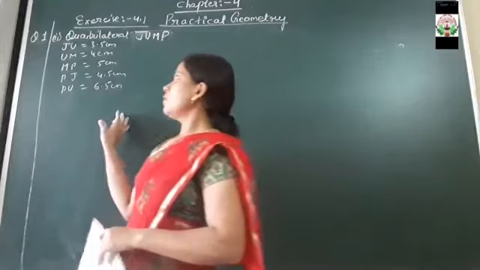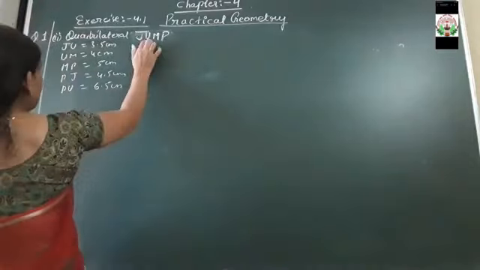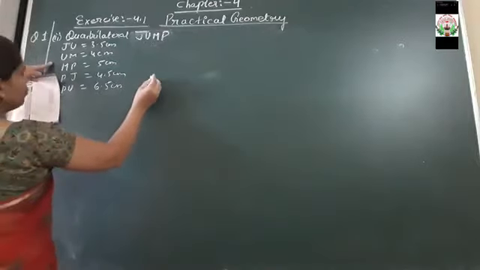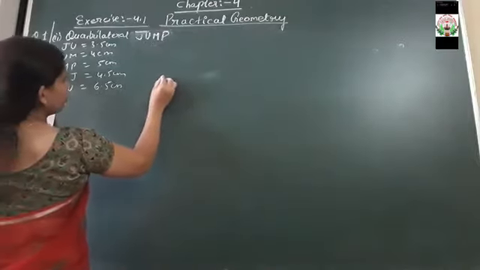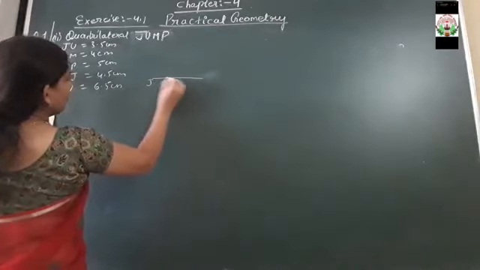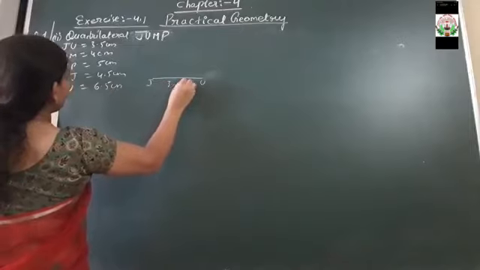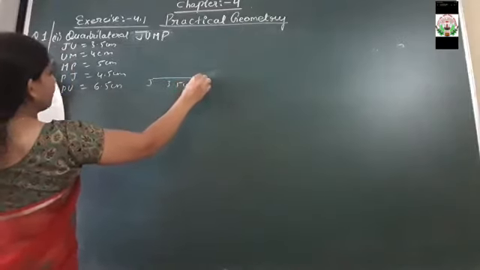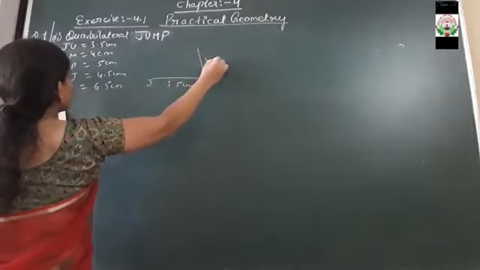particular measurement. So here the name of the quadrilateral is JUMP. So first we will take the base as J. Okay, JU 3.5 centimeter. Then UM, maybe UM will be 4 centimeter.